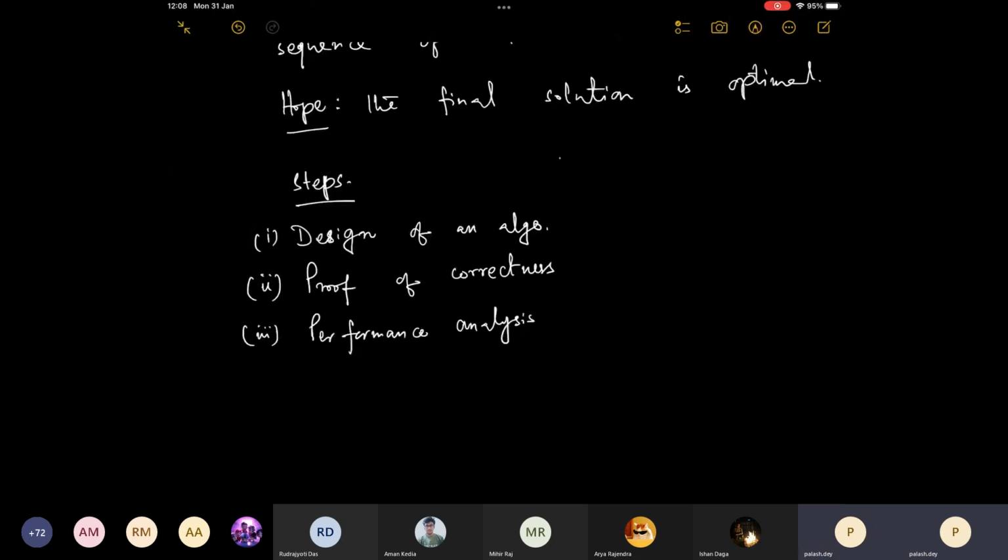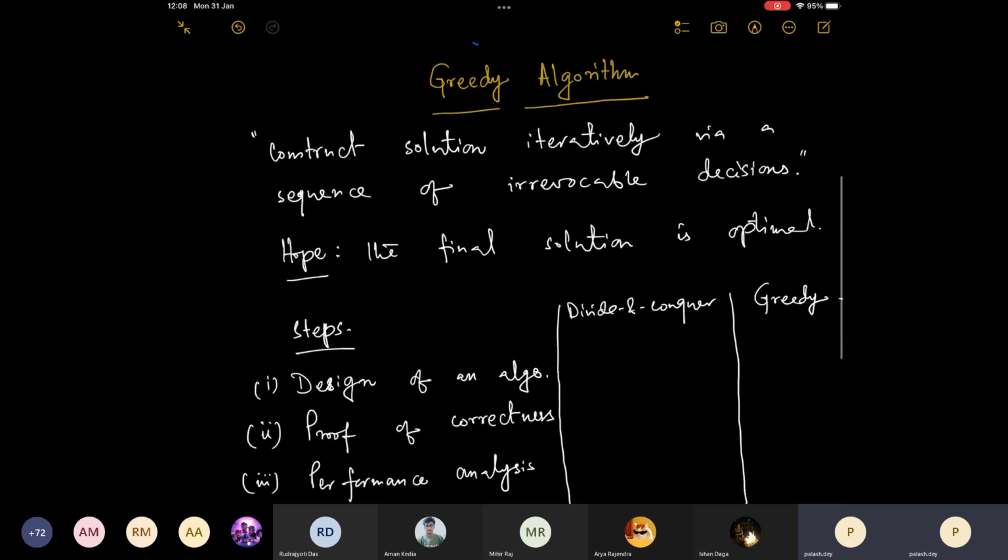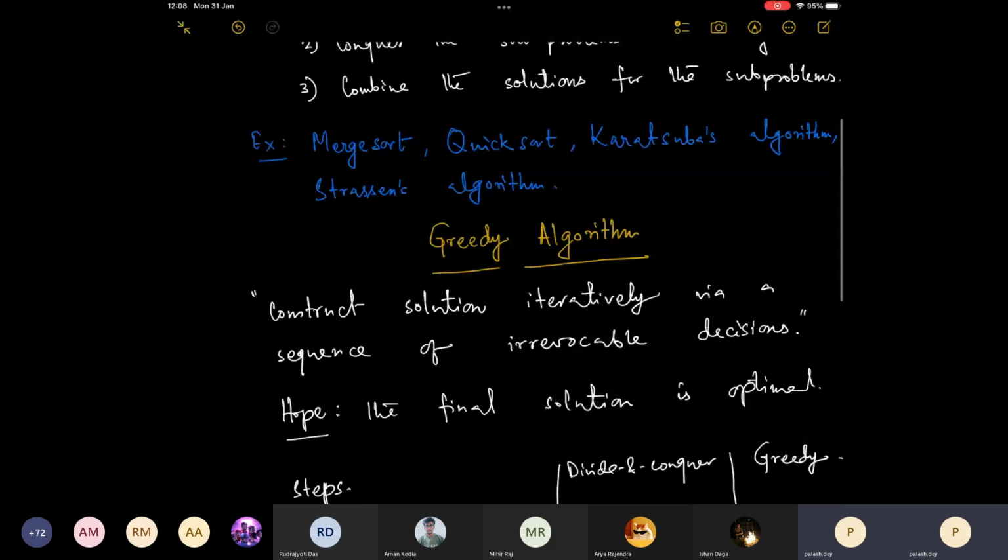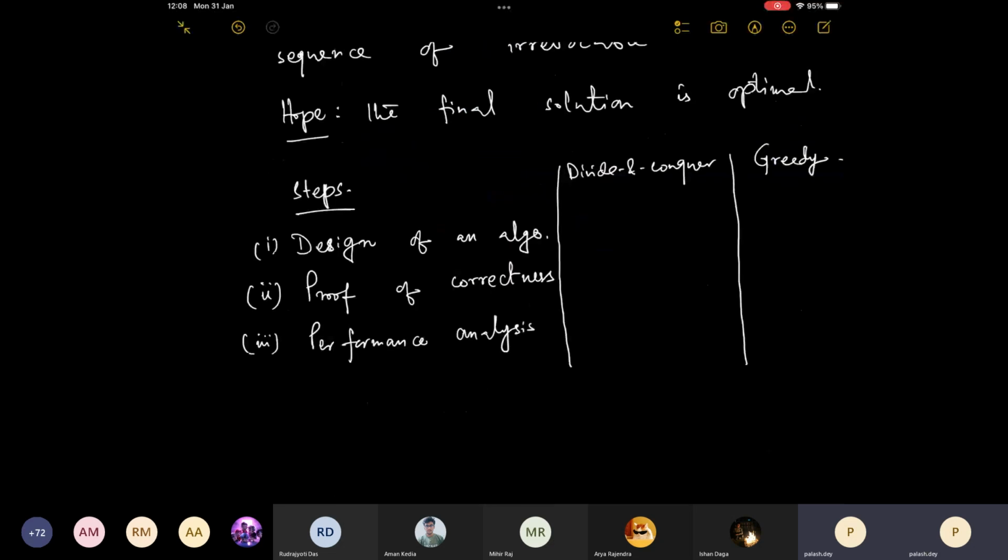Okay. Now let me contrast these steps for greedy and divide and conquer. So this is divide and conquer, and this is greedy. If you carefully look at the divide and conquer based algorithms we have seen, like for example merge sort, quick sort, Karatsuba's algorithm, Strassen's algorithm, the first step is non-trivial.